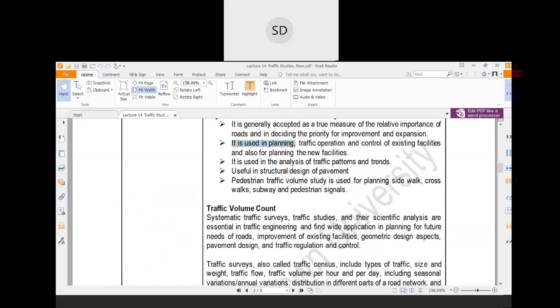Then it is used in planning traffic operation and control of existing facilities and also for planning new facilities. Suppose the traffic flow is higher in a particular road section, and some intersection comes up in that road portion. In that case you need to suitably design the intersection considering the number of vehicles. If the number of vehicles is very low, a simple intersection may do the work.